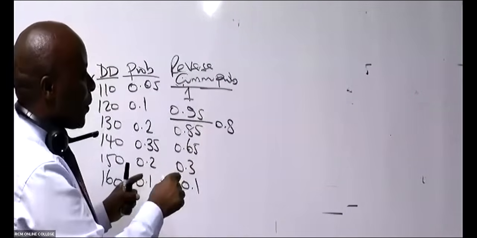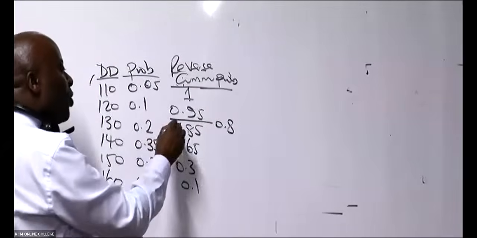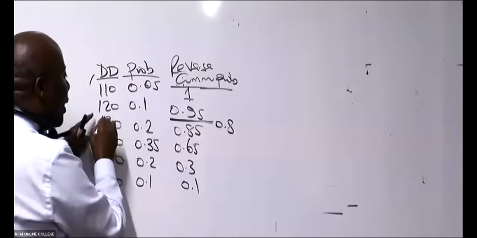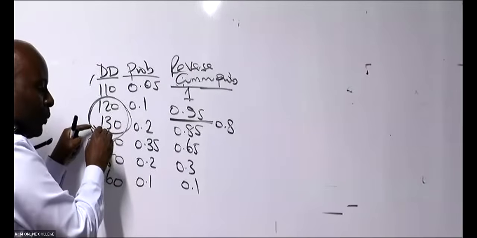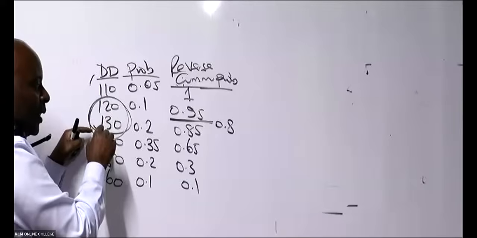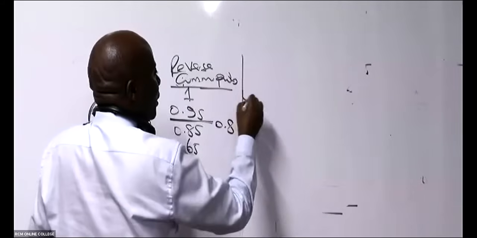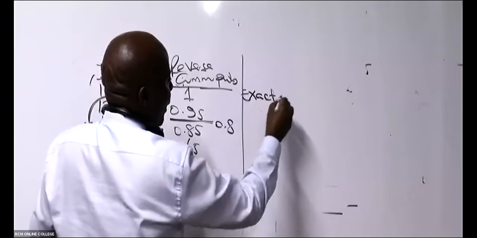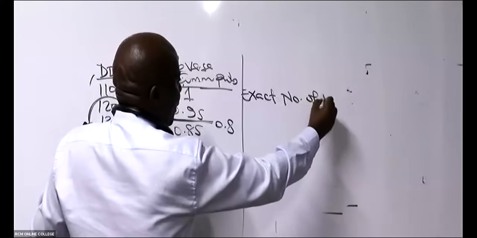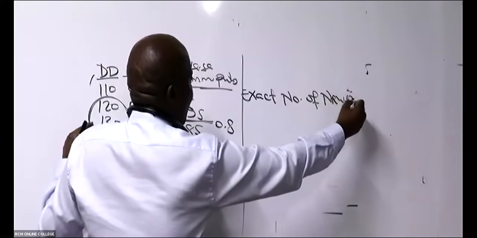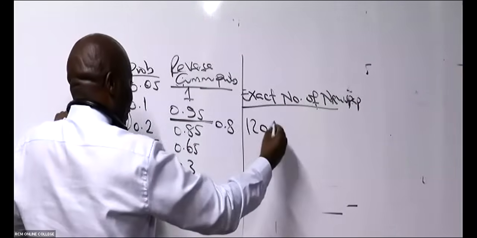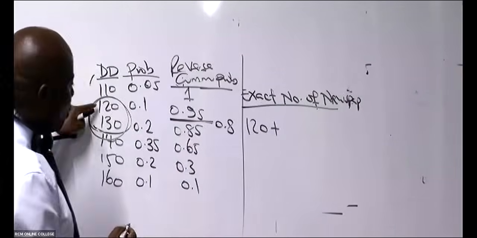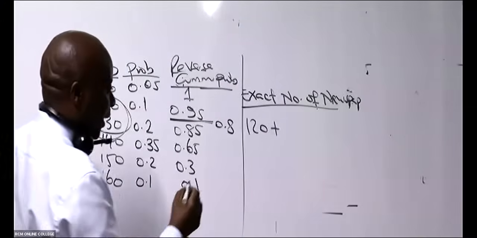Once in this case here, you have known that your 0.8 is in between here. So you know that the newspapers to be procured are in between 120 and 130, isn't it? So how do we get the exact number of newspapers? We start with the smaller one always, plus the difference between the two numbers, 130 minus 120.